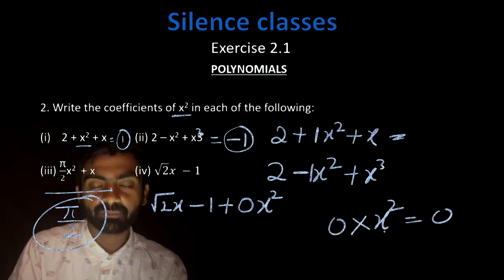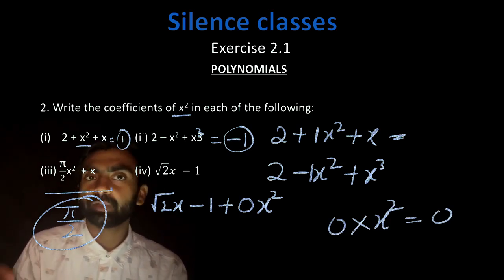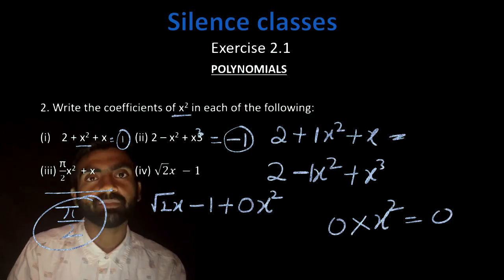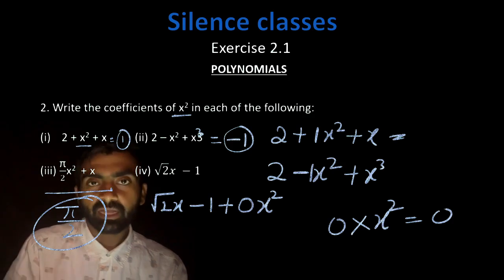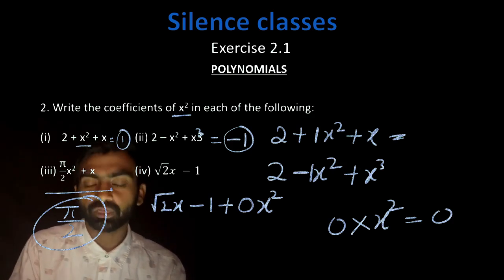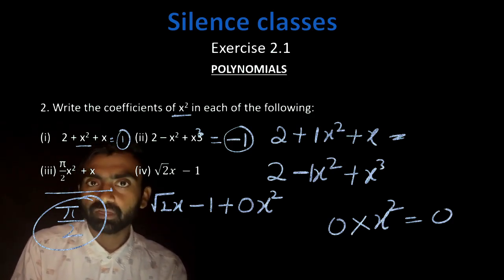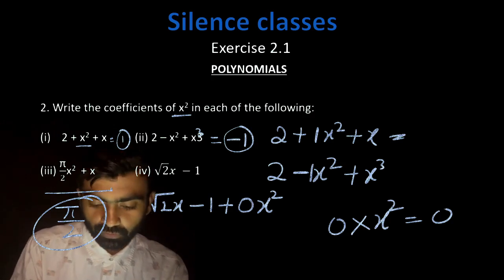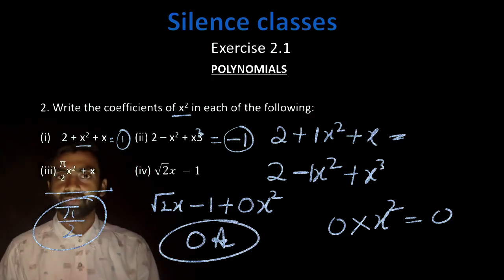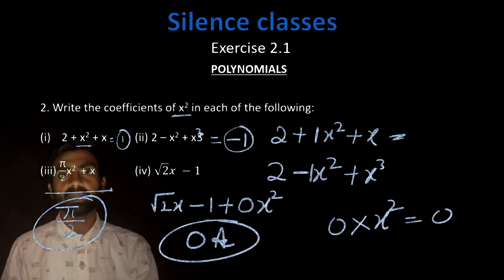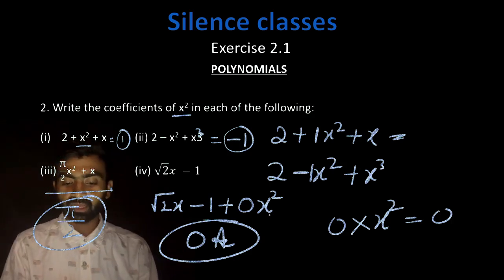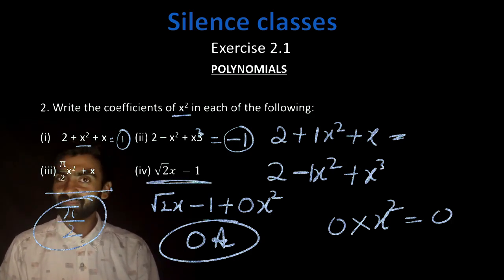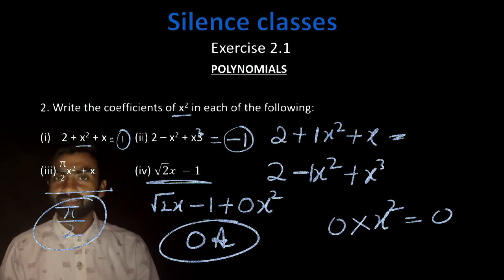If we multiply 0 by any variable or any number, it directly becomes 0. So since x square is not given, you have to put it yourself with the coefficient 0. So the coefficient over here is 0, and this is the answer. I hope you understood.